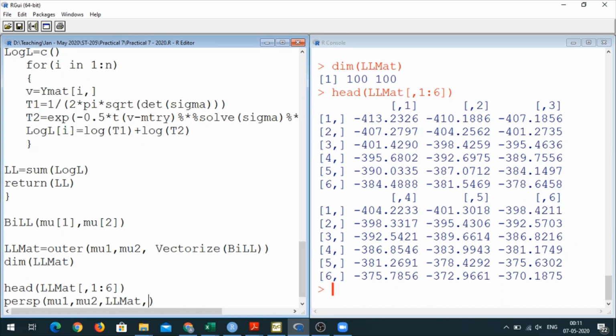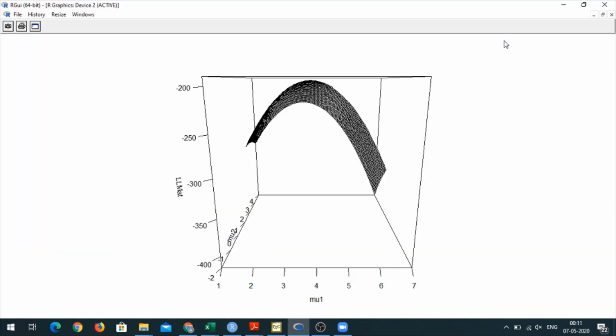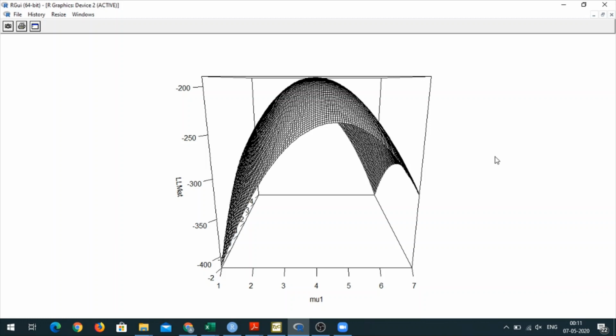So if I draw this persp with ticktype equal to detailed, this is the graph of log likelihood. Can you see now? It's the graph of log likelihood.